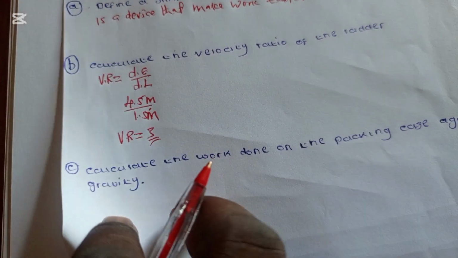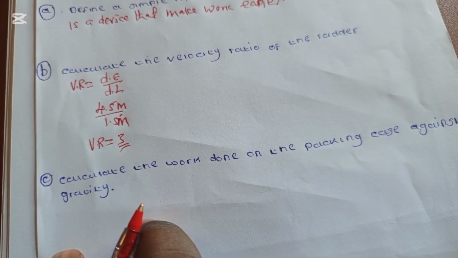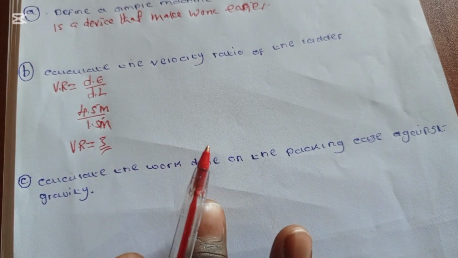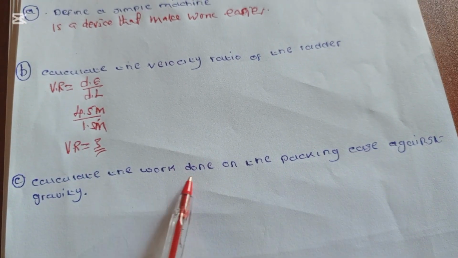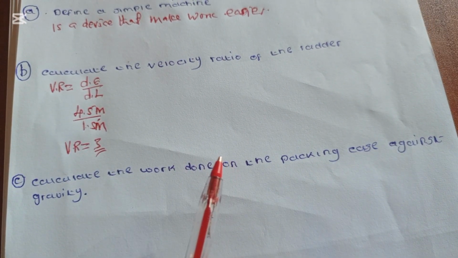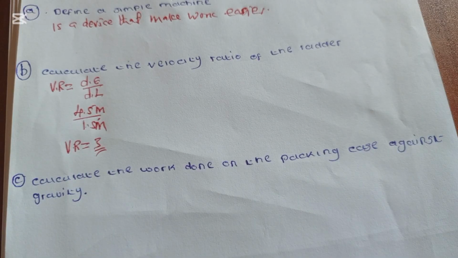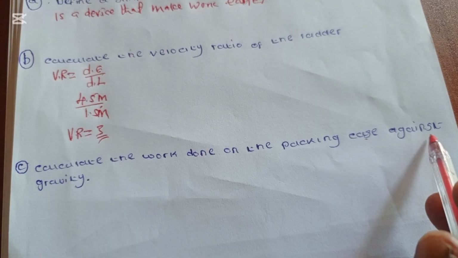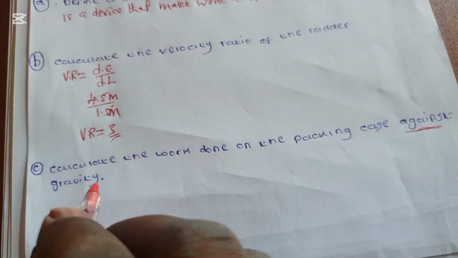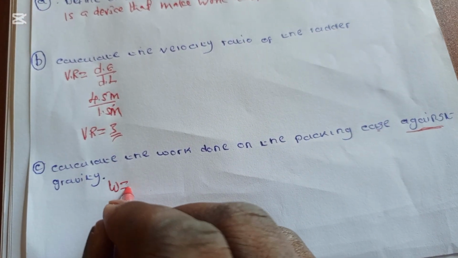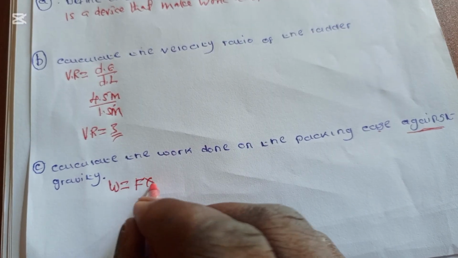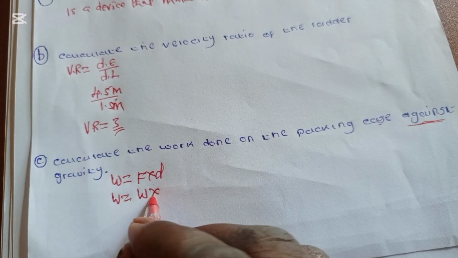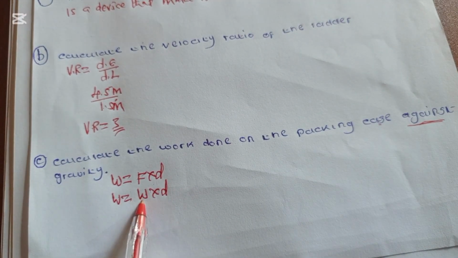Then you go to question C. Question C reads, calculate the work done on the packaging case against gravity. When we talk about the work done against gravity, work done is equal to the force times the distance, and work done against gravity is the same as the weight times distance, because weight is equal to mass times gravity.